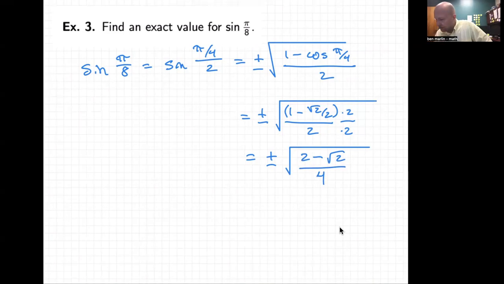Because you know the square root of 4, you can write this as plus or minus square root of 2 minus root 2 all over 2.